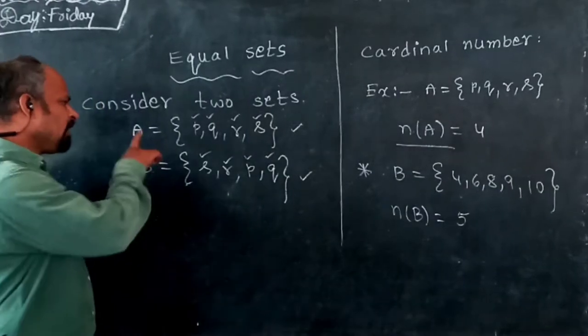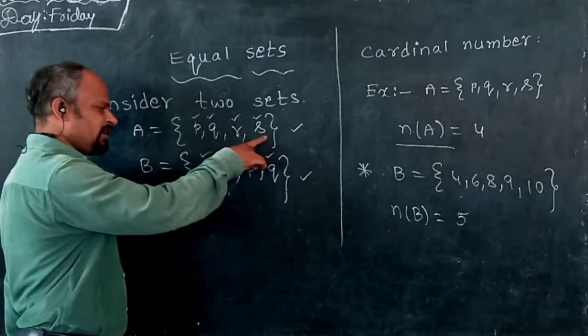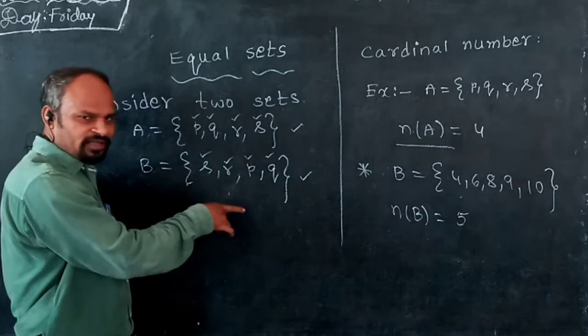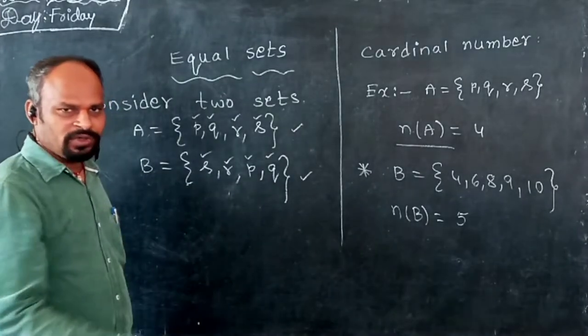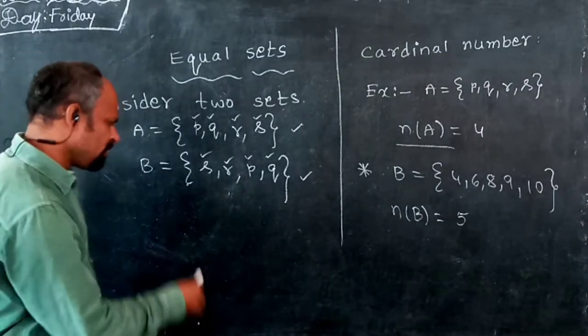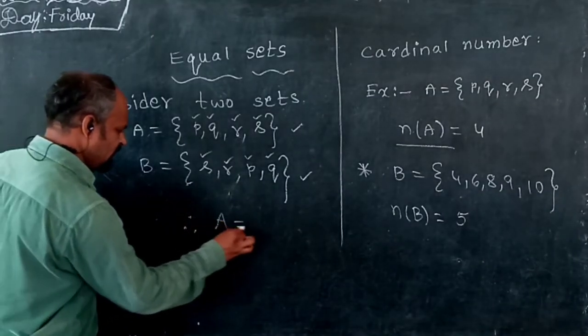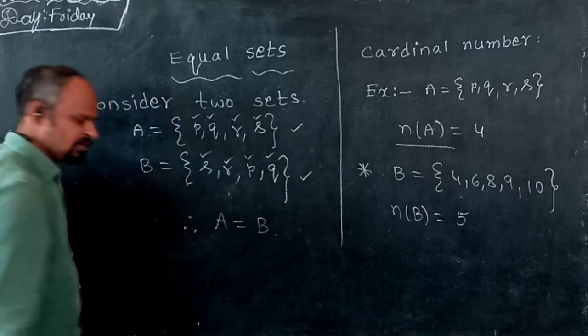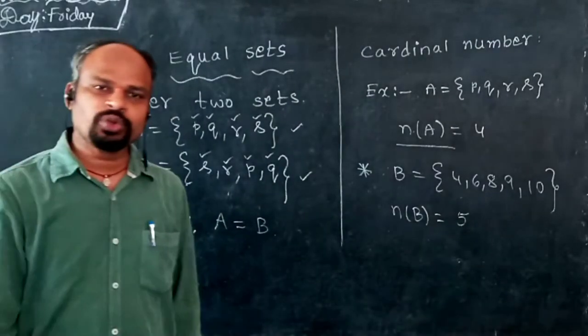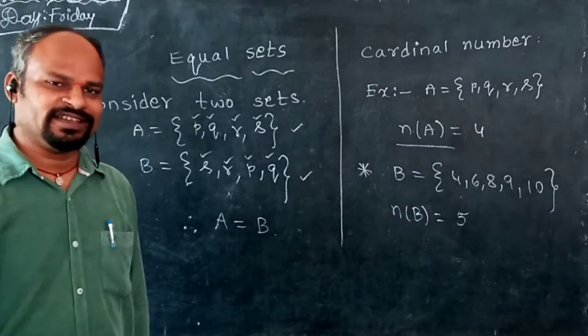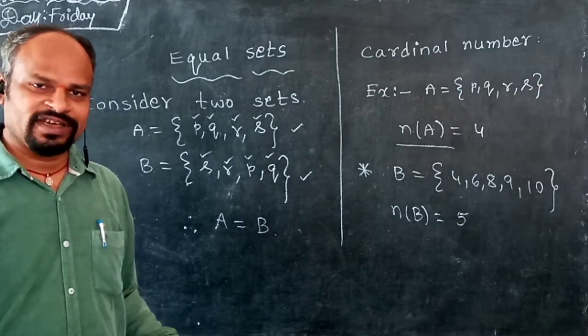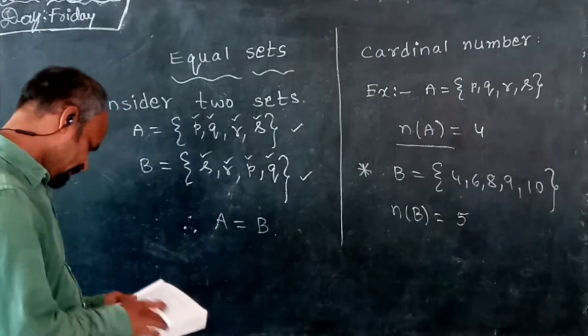That means every element of A is an element in B. Therefore, we can conclude that A is equal to B. That means the two sets are equal sets.